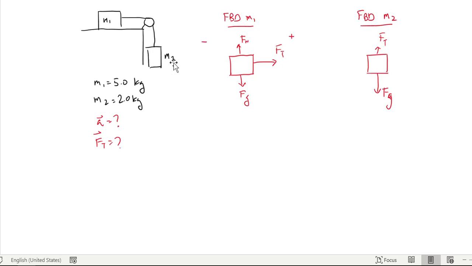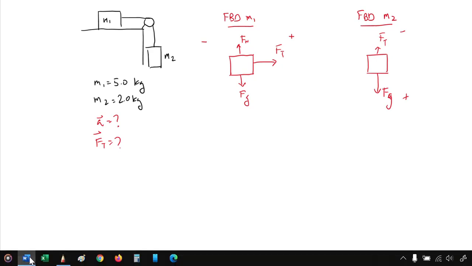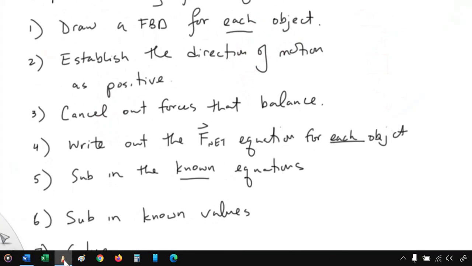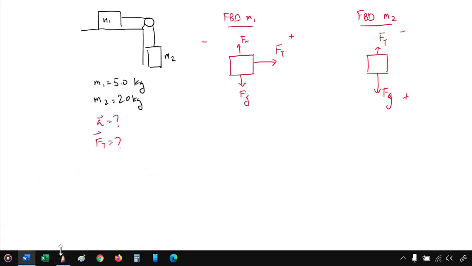Now for M2, how would M2 move? Well, M2 is going to move down. So down is positive and up is negative. All right, so we've done that. Next step, cancel out forces that balance. Well, in this case, Fn and Fg balance out, right? Those two are equal, and how do I know that?